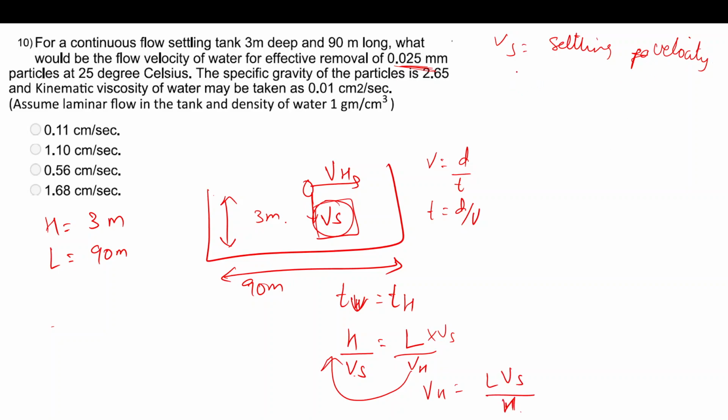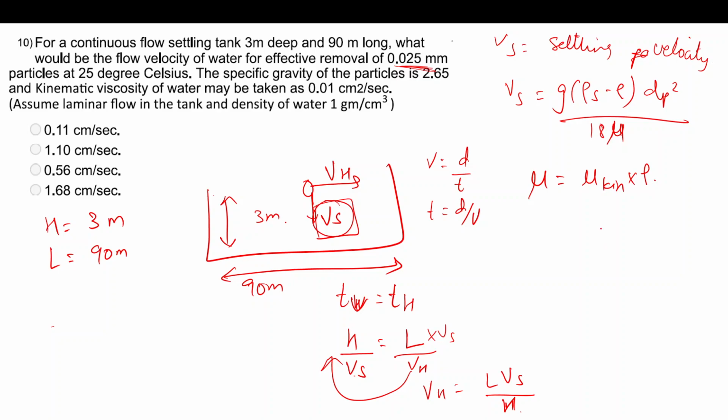Now Vs has a formula: g into (rho s minus rho) dp square by 18 mu. Here mu is the dynamic viscosity, and what is given to you is the kinematic viscosity. There is a correlation between dynamic and kinematic viscosity: mu is nothing but kinematic viscosity into density.